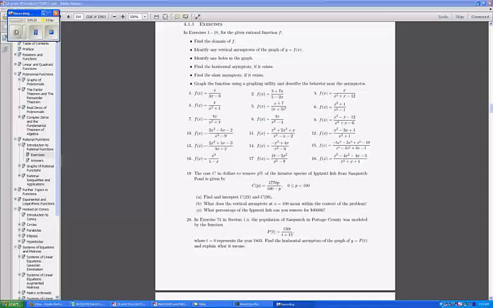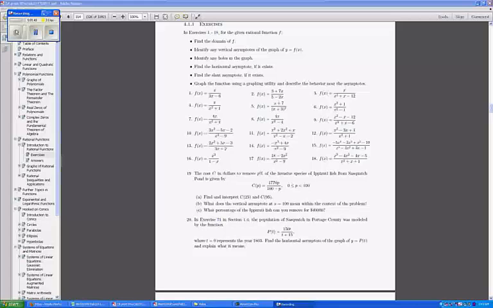I'd get 4,000 in the numerator, but what would I be dividing by? 1,000,000. 4,000 divided by 1,000,000 is very close to 0. It's very small. So if the degree of the denominator is bigger, my horizontal asymptote is 0. Okay? And this is all in the book. You'll see the examples will help you with this too.